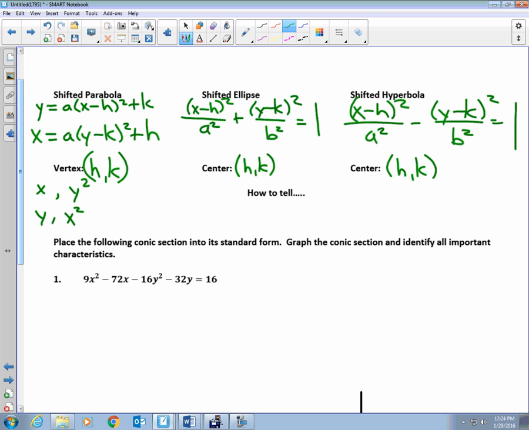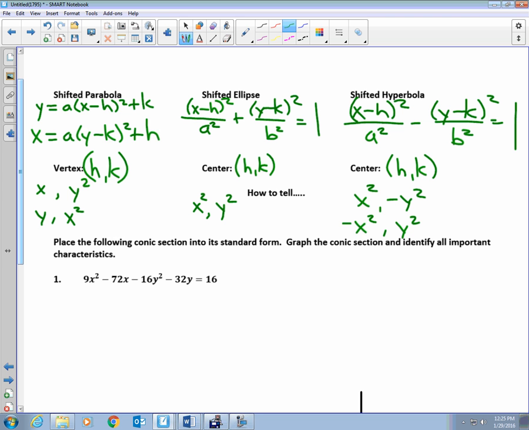So what would then be the difference between the ellipse and the hyperbola? Yeah, so if you have x squared and y squared where both are positive, then it's an ellipse. But if you have x squared and negative y squared, or negative x squared and positive y squared, then in that case, it's a hyperbola. Your ability to look ahead and to determine that is crucial.